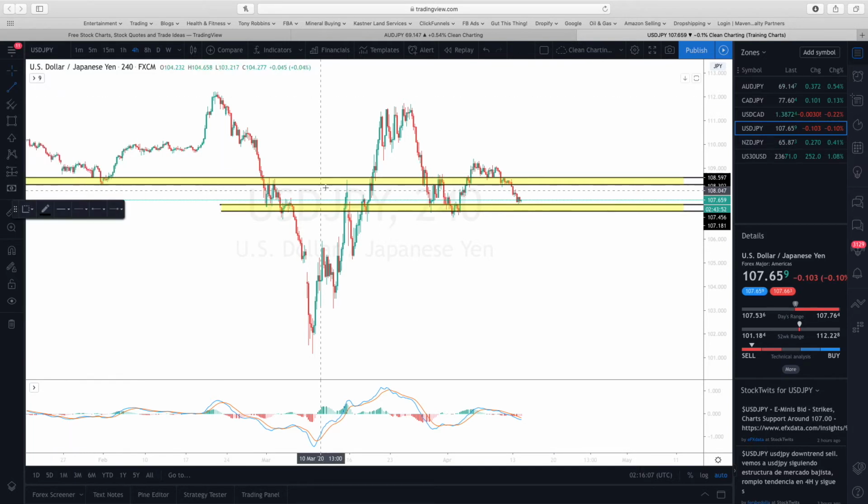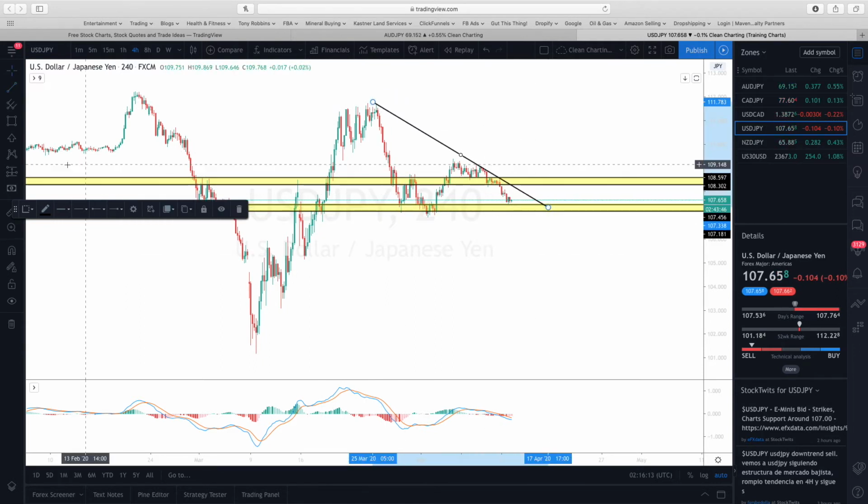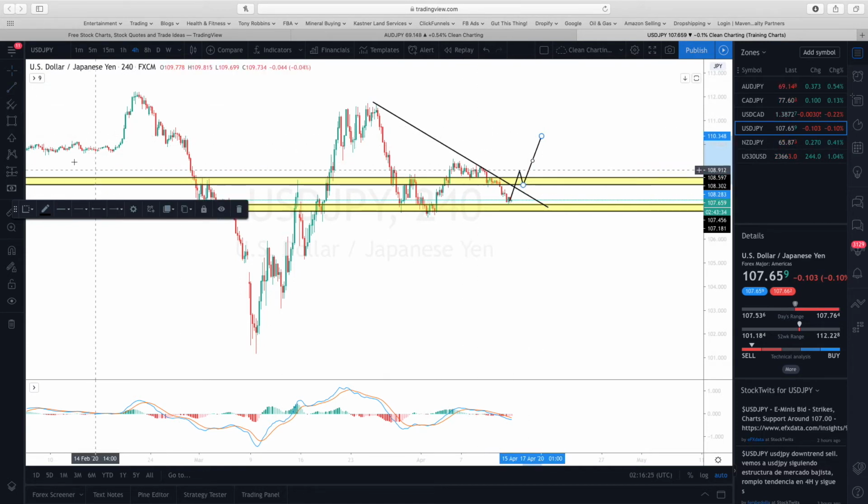For the moment on USD JPY, you can also see that we are in a downtrend. So unless I see price come back up here, pull back down, push high, I don't think this is the likely scenario.